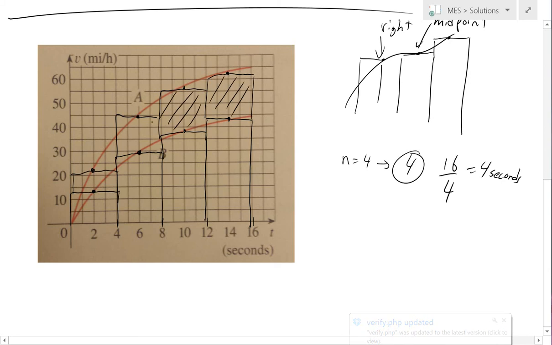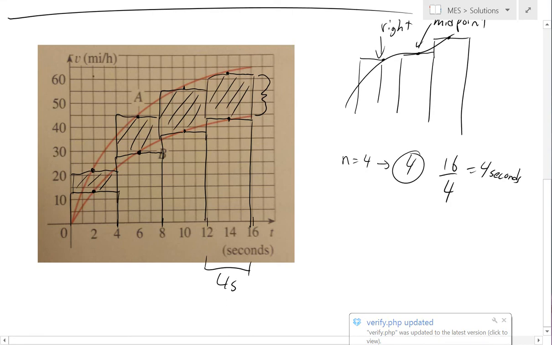This shaded area is the distance between A and B, and we can roughly estimate the size of these blocks, because we know that they're all going to be 4 seconds apart. Now let's do a rough estimate of the differences.